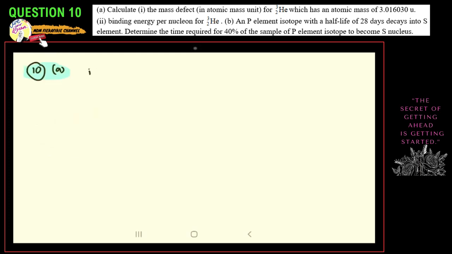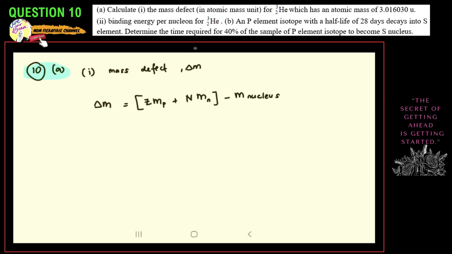Okay, remember the equation for mass defect. So mass defect is delta M. Remember delta M can be calculated by using delta M equal to Z, the number of proton, times the mass of proton plus the number of neutron times the mass of neutron, minus M, the mass of nucleus.